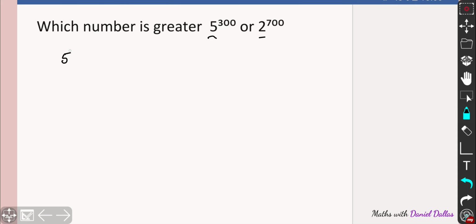So let's use the indices properties: a power in a power we can rearrange simply as 5 cubed to the power 100. So we made 100 the maximum possible power here. What about 2 to the power 700? We can make it in the same manner: 2 to the power 7, to the power of 100.